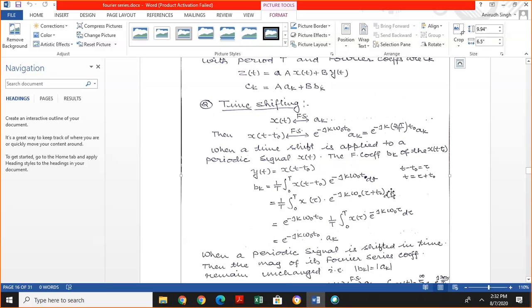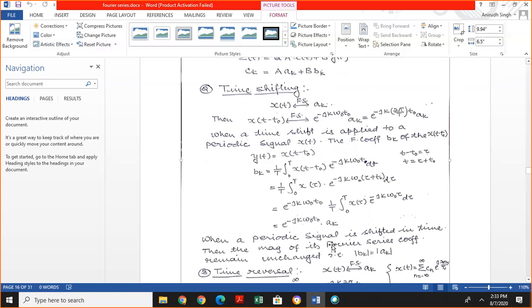The variable is tau, so this t naught is a fixed quantity, so we can write this equation like this, and this expression is simply the value of ak.